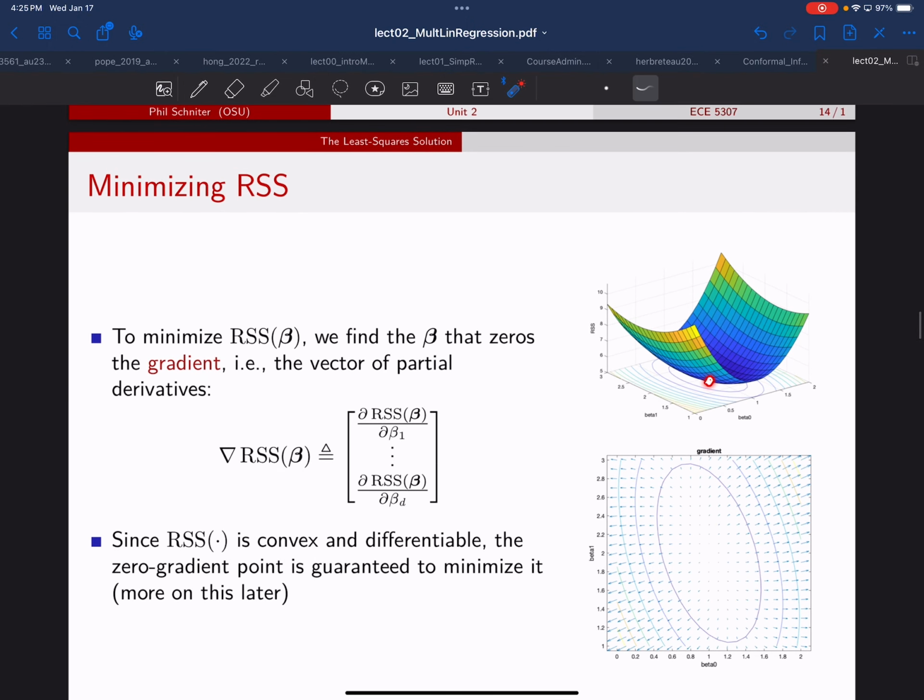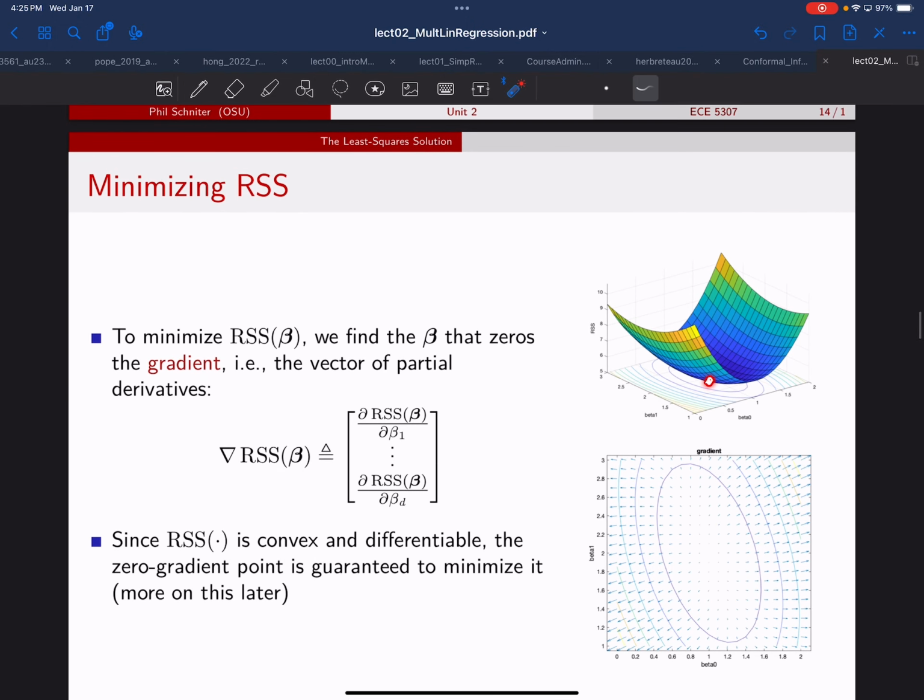So we have, actually, I think there's a small typo here. This should start with beta 0, not beta 1, because beta 0 is one of our coefficients. We want that derivative to go to 0 as well. But basically, the gradient vector is just the vector of partial derivatives over all the coefficients in beta, starting with beta 0, then beta 1, all the way to beta d.